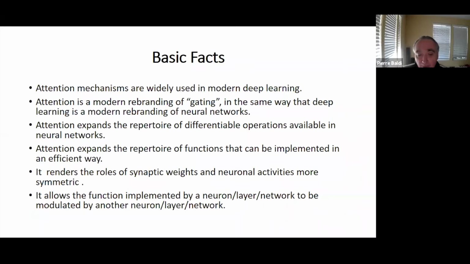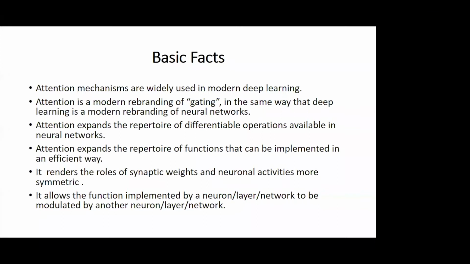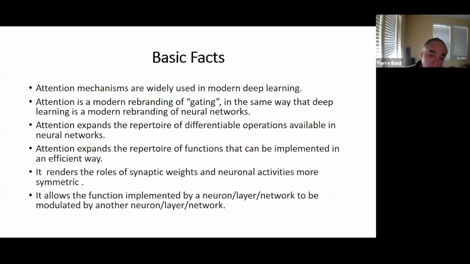The basic idea is that it allows the input-output function response of a network to be modulated by another network, an attention layer, or a series of attention layers, etc., so that your basic network is able to compute different functions as a function of this modulation.